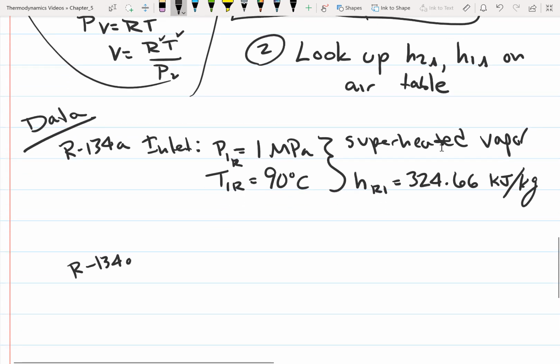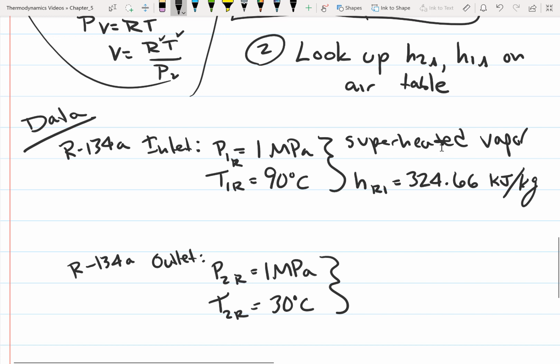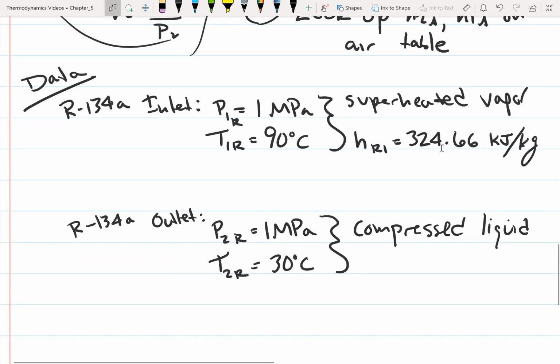All right, now let's do our outlet for the refrigerant. So R134A outlet. We have P2R is equal to 1 megapascal, and T2R is equal to 30 degrees Celsius. If we look up the saturation temperature at this pressure, we'll see that this is a compressed liquid. And since we don't actually have a compressed liquid data table for this temperature and pressure, we're just going to assume that it's a saturated liquid.